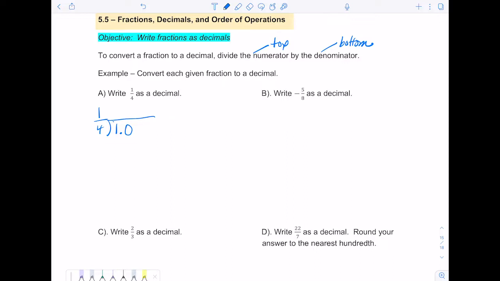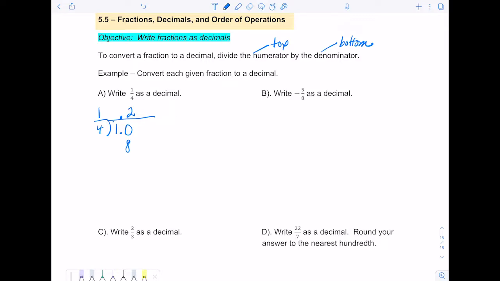I can divide 4 into 10 at most 2 times. So I'm going to put the 2 above the 0, and I'm going to have the decimal points line up. These decimal points need to line up with each other, and then I'm going to place my answer right there. Now I'm going to multiply 2 times 4, which gives me 8.